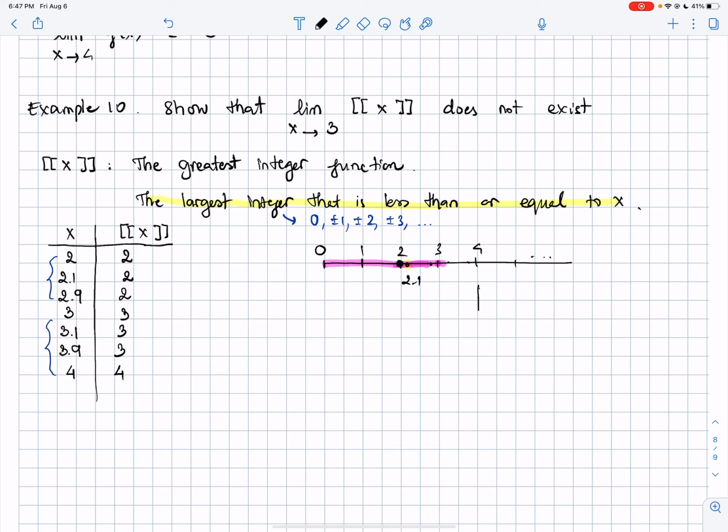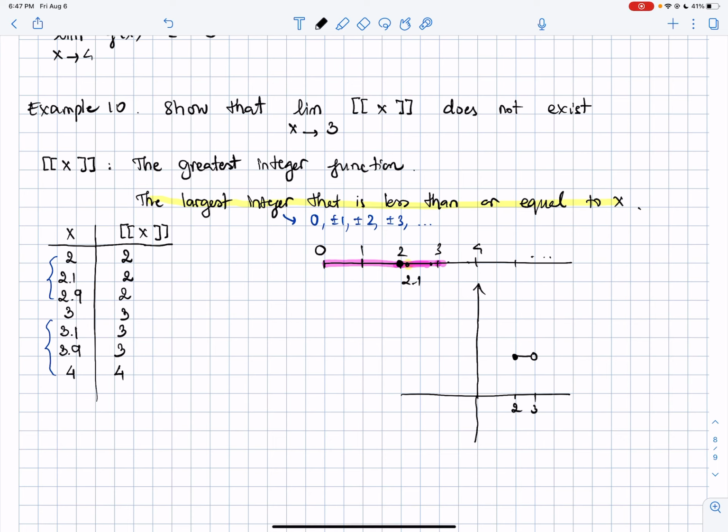If you want to make the graph for this, then we have 2 for x equals 2, 2 for 2.1, and so on until we have 3. So at 2.9, the output is 2.